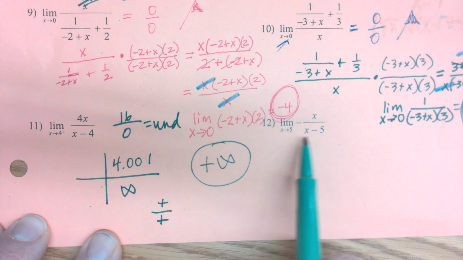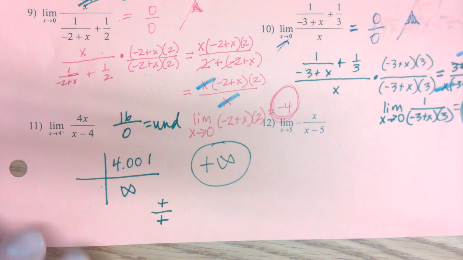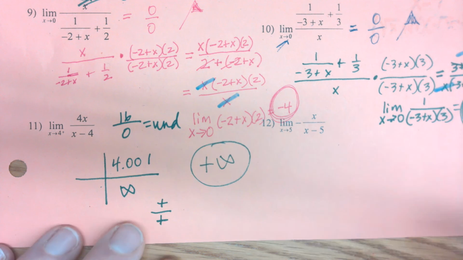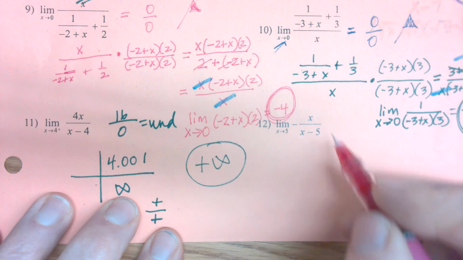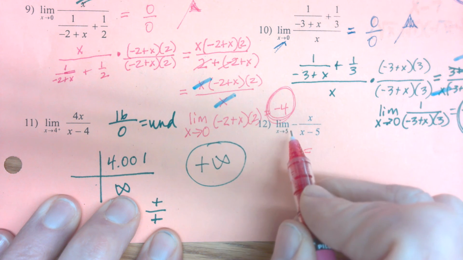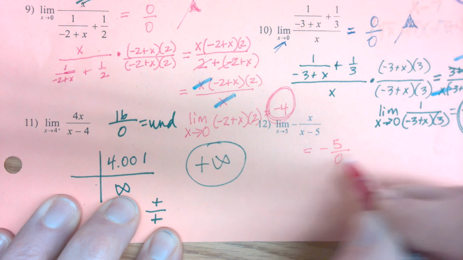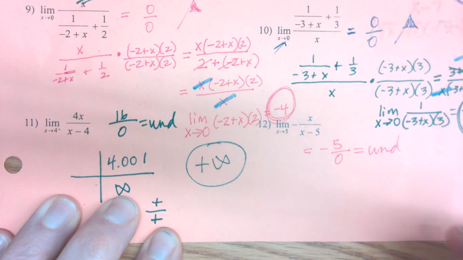What if I care about both sides? Well, then I have to check to the left and to the right. And that's our very, very last example, and then I'm going to let you try some practice problems on your own. So in this one, I have the same situation. It's not approaching infinity, so I plug it in. I get negative 5 over 0, which is undefined.